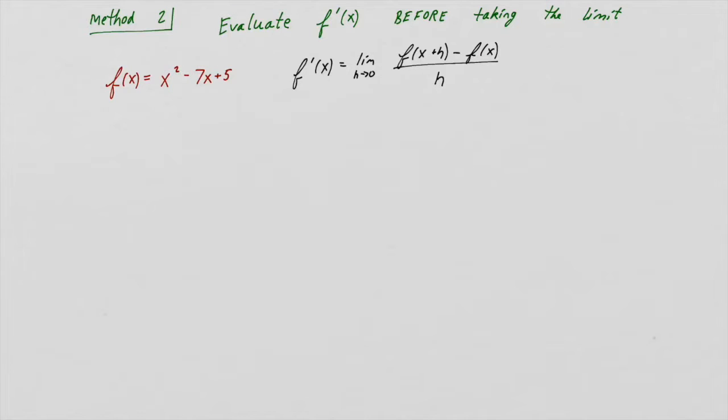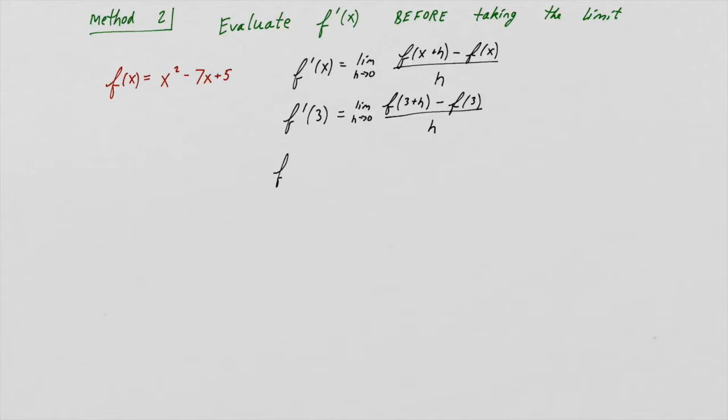And what we're going to do right now is substitute in 3 for x. So we're going to have f prime of 3 equals the limit as h approaches 0 of f of 3 plus h minus f of 3 all over h. So the only difference we've got here from what we did before is instead of f of x plus h and minus f of x, we're going to just find f of 3 plus h and then subtract f of 3 from that.